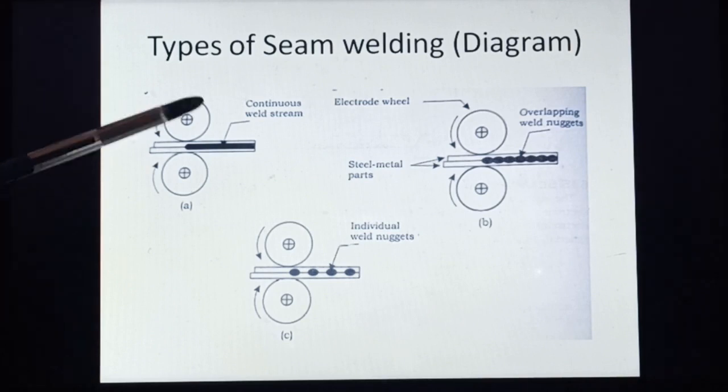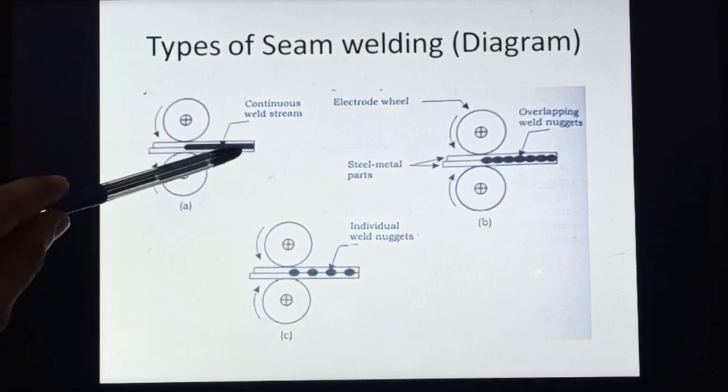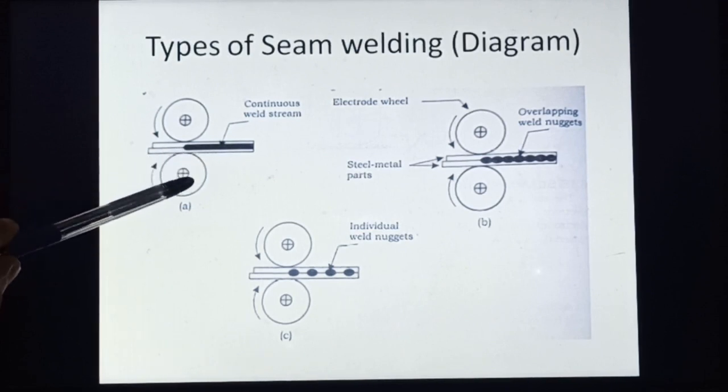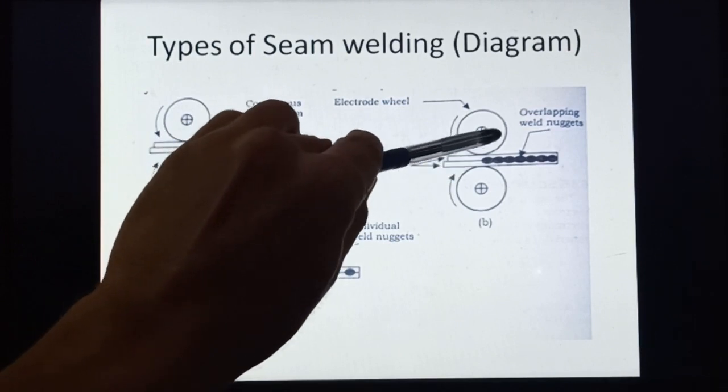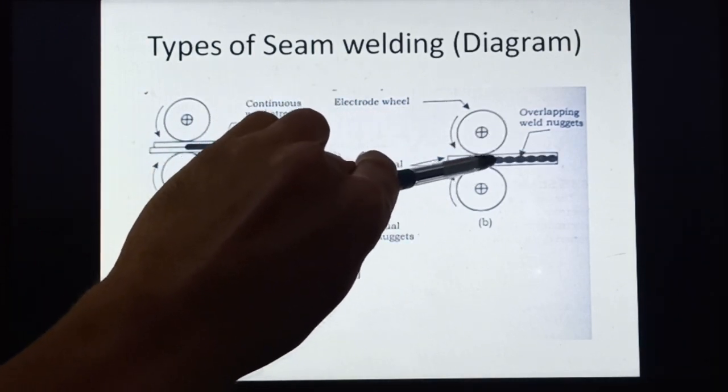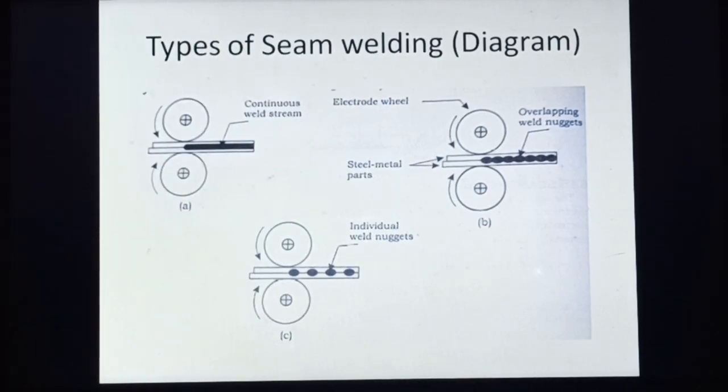This is continuous seam welding, where the weld is continuous, as the current is continuous. The second one gives overlapping weld nuggets, where the current is switched on and off at a particular interval of time.